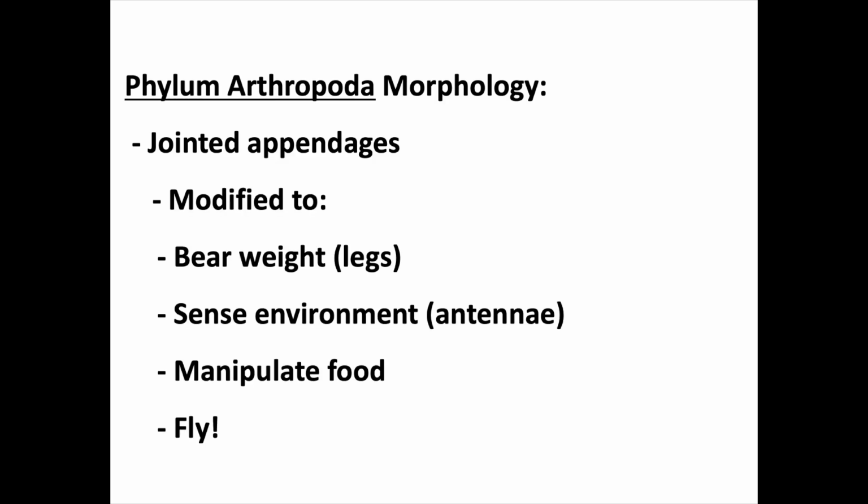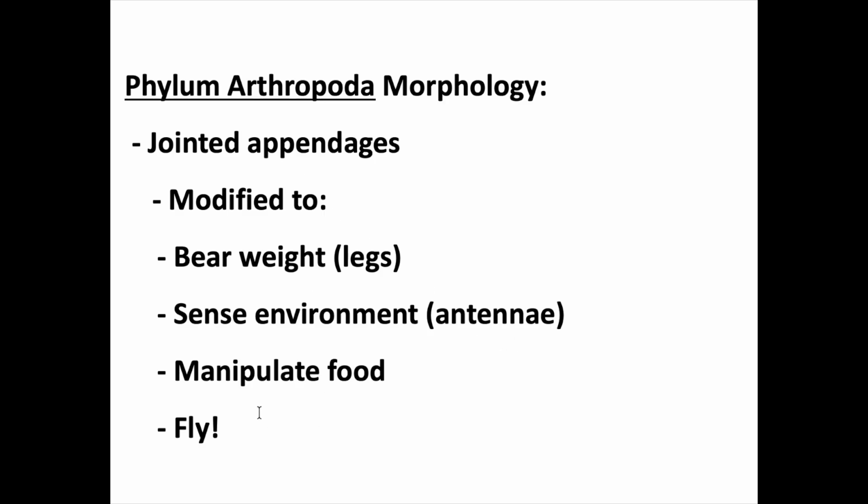So these appendages are a very basic, generic body thing, but they can be modified to do lots of different stuff. An appendage can bear weight in the form of legs. An appendage can be used to sense the environment, called antennae in many groups of arthropods.